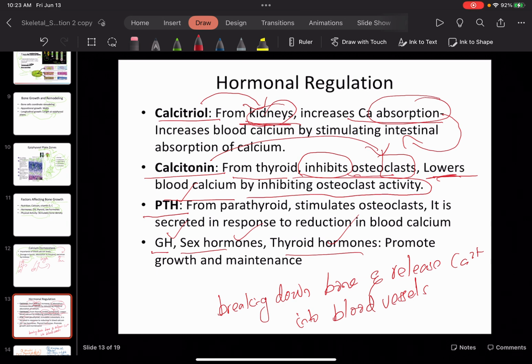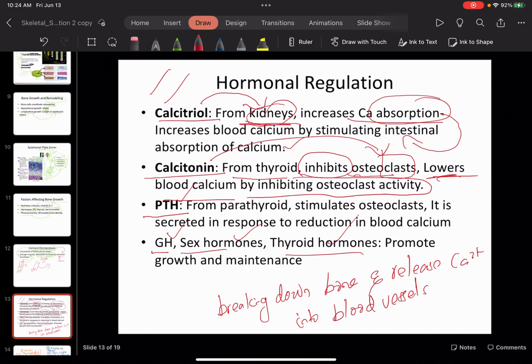Now calcitriol will increase blood calcium by stimulating intestinal absorption of calcium. So if your diet doesn't have enough calcium, and your blood vessels don't have enough calcium, this calcitriol released from the kidney starts reabsorbing calcium from the digestive system.